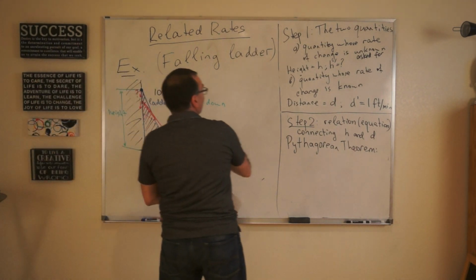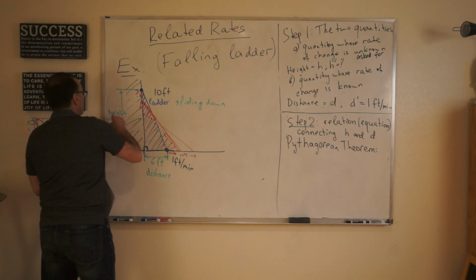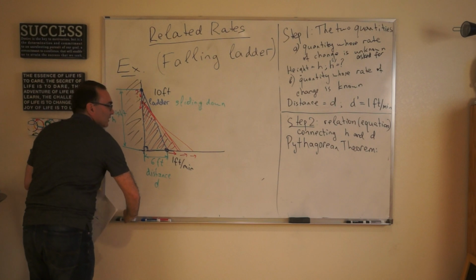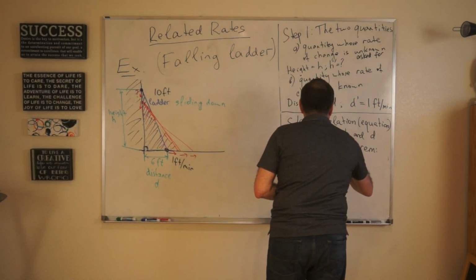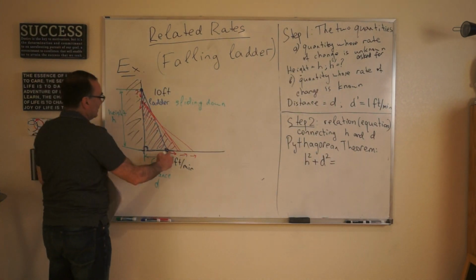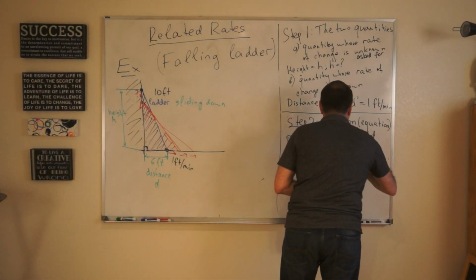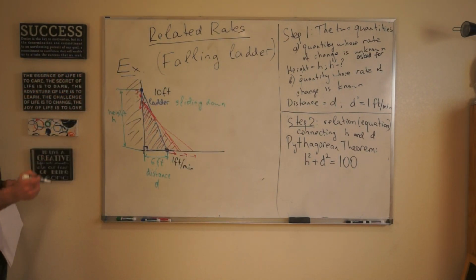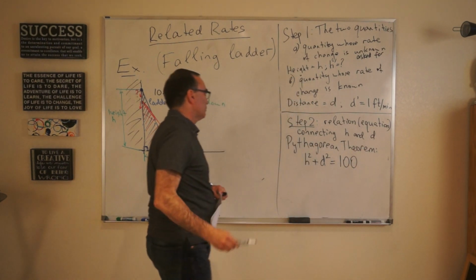In this case, this leg, the height, is denoted by h, and the other leg, the distance, is denoted by d. So we get h squared plus d squared equals hypotenuse squared. Since the hypotenuse is the length of the ladder, and that is 10 feet, 10 feet squared is of course 100. So this is the relation between the two quantities: h squared plus d squared equals 100.